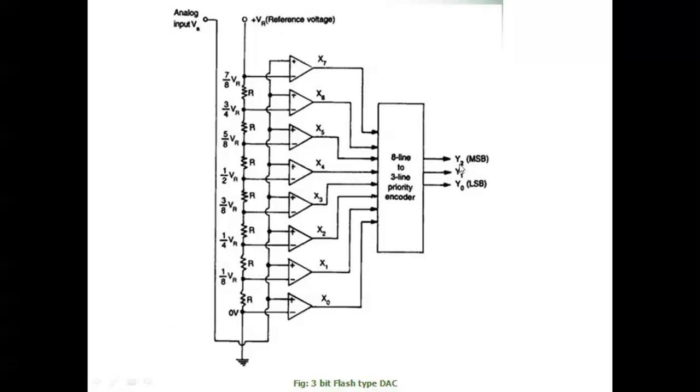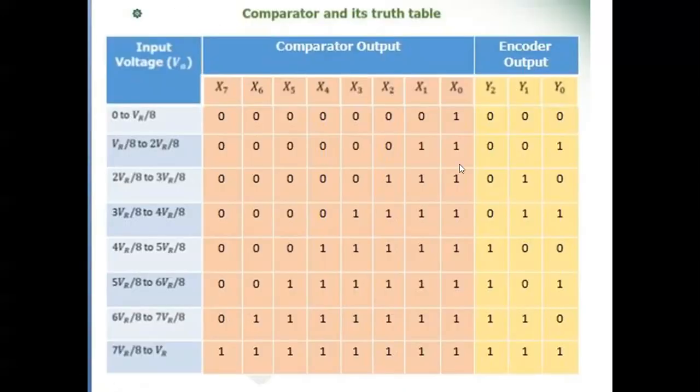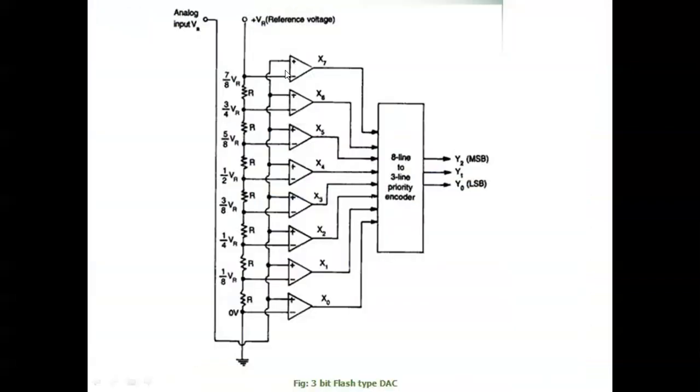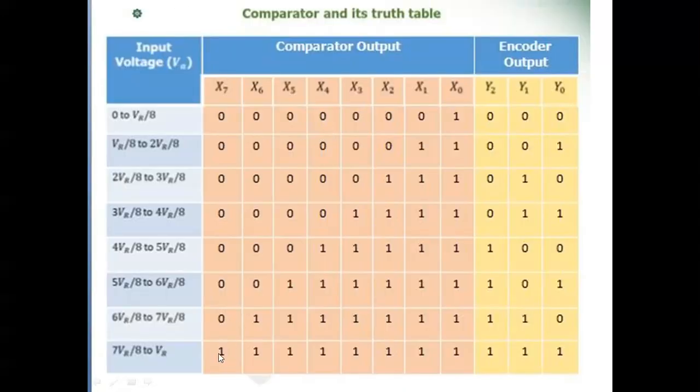Y2. To show the operation, from the bottom we can come: when the input voltage is in the range 7 by 8 VR to VR, X7 will come. That voltage is available, and all the other comparators will also be on.